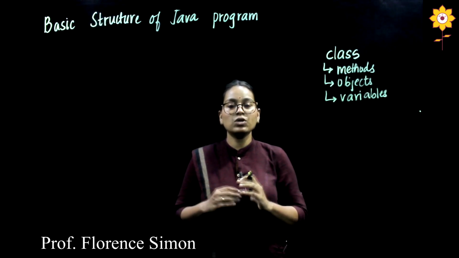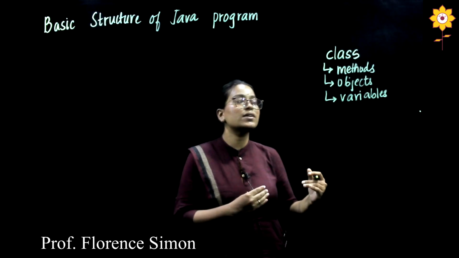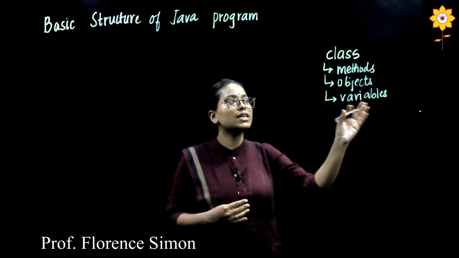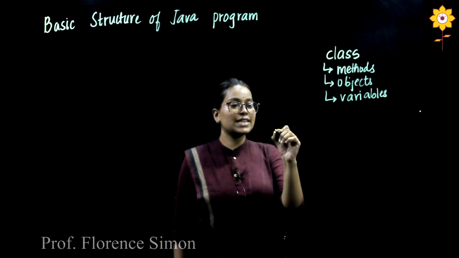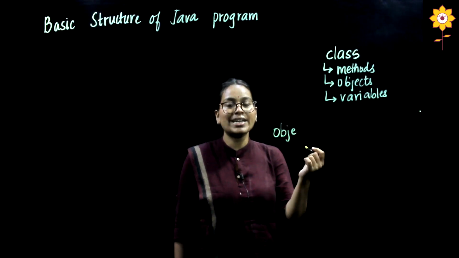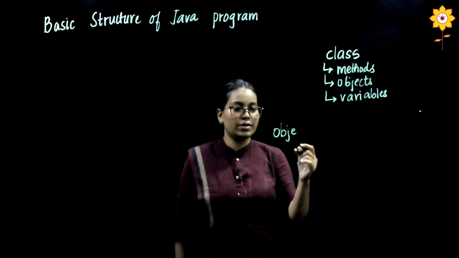So first we will have to create a class in which then we can create a method which will belong to the class, the object, and then the variables. So all these things will come under that particular class. Now when we say objects, so Java is called as an object oriented programming language because everything in Java is an object, right?